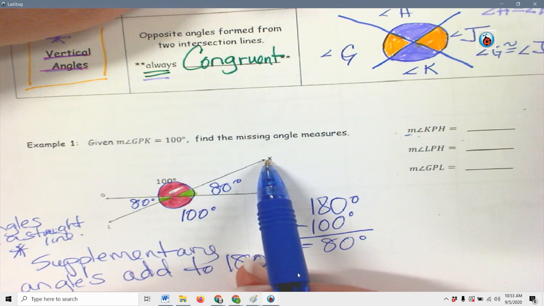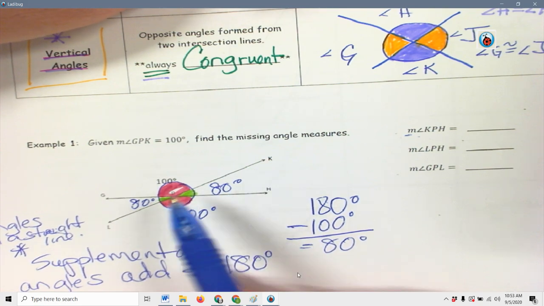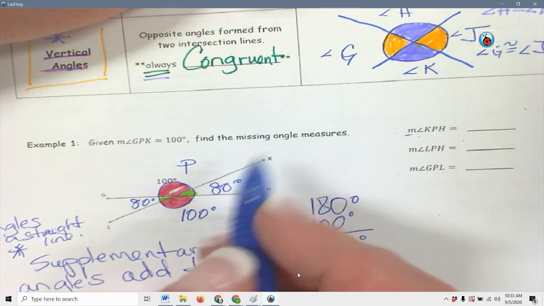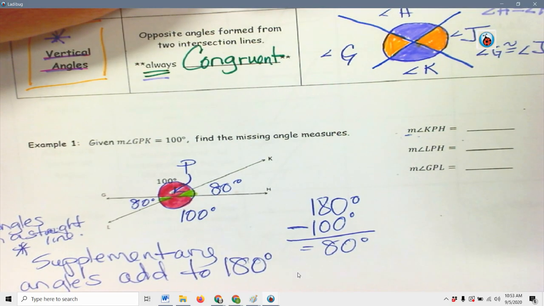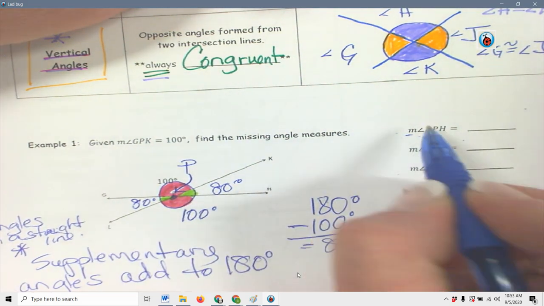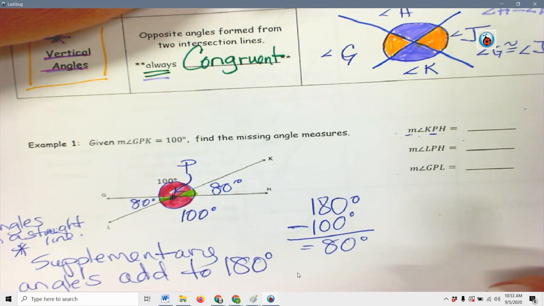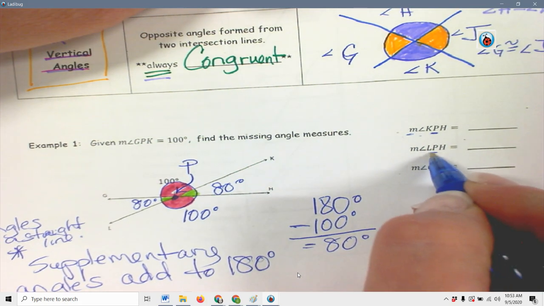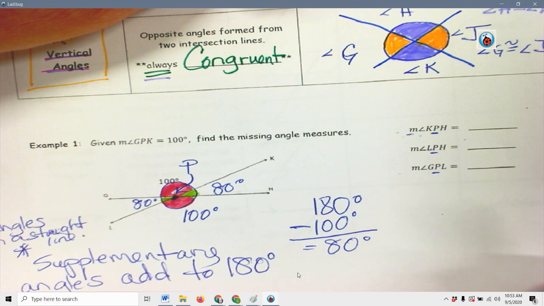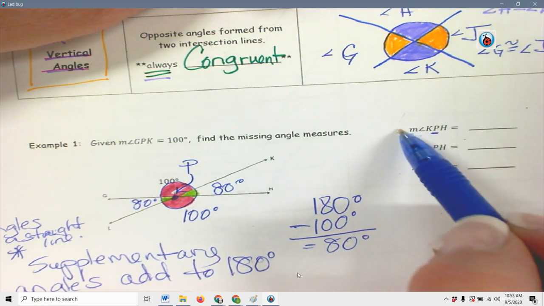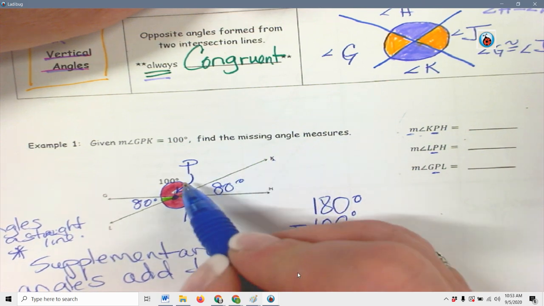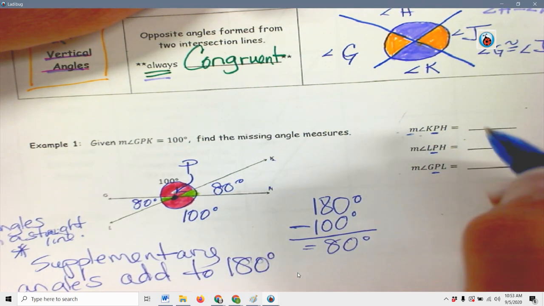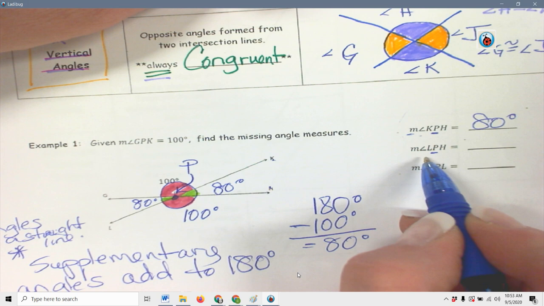We'll use those endpoints first, and then that vertex in the middle, which is P. P is our vertex. That's right in the middle. And that vertex, the label for the vertex, always will go in the middle when we're talking about angles. So the measure of angle KPH will start here at the endpoint K. PH is going to equal 80 degrees.